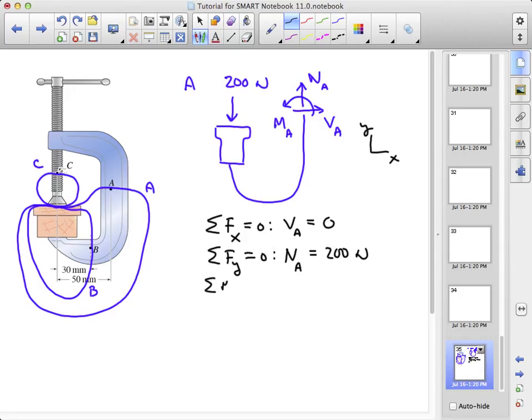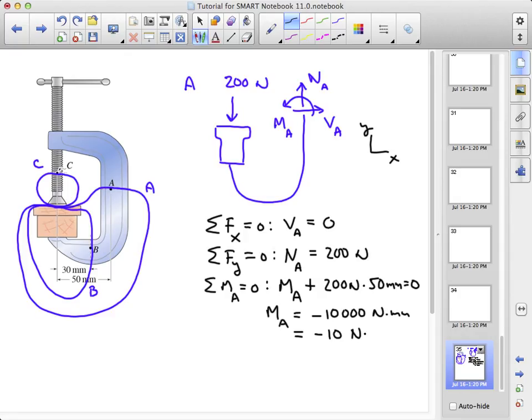And sum of the moments about A equals 0 gives us the bending moment at A plus a positive moment due to the 200 Newton force, which acts through a moment arm of 50 millimeters as shown on the figure at left. So we have the bending moment at A is minus 10,000 Newton millimeters, or minus 10 Newton meters.